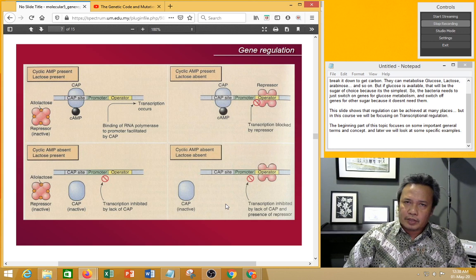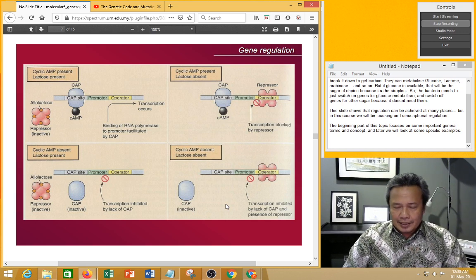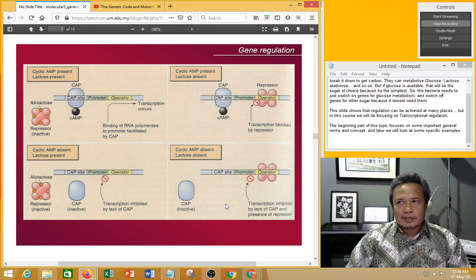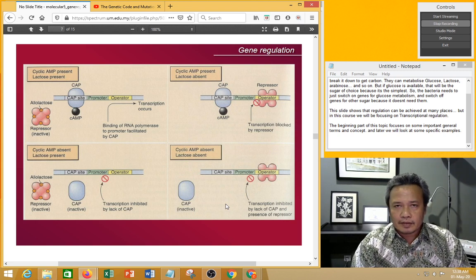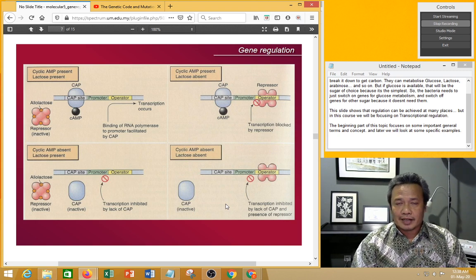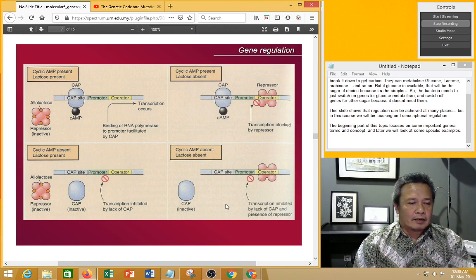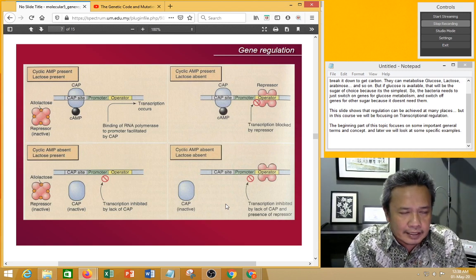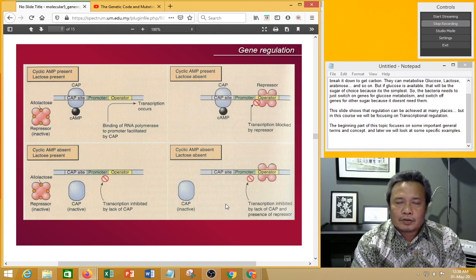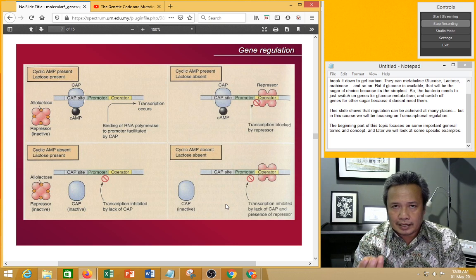So this catabolite repression allows the system to choose glucose over lactose if both are present. The take-home message is that the lac operon is not only governed by the presence of lactose, which produces allolactose, an inducer that removes the repressor.